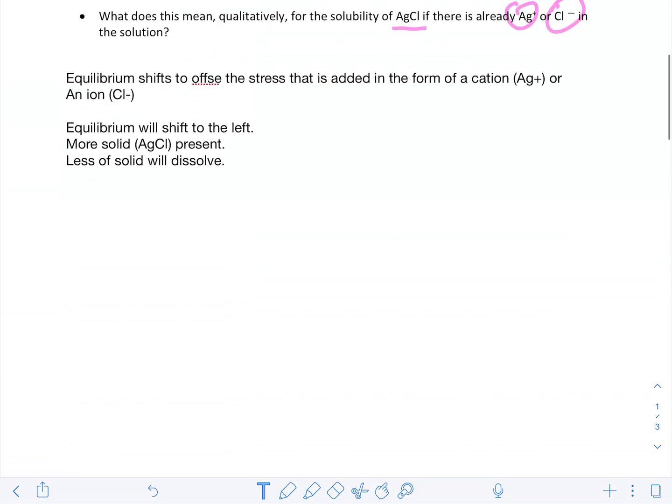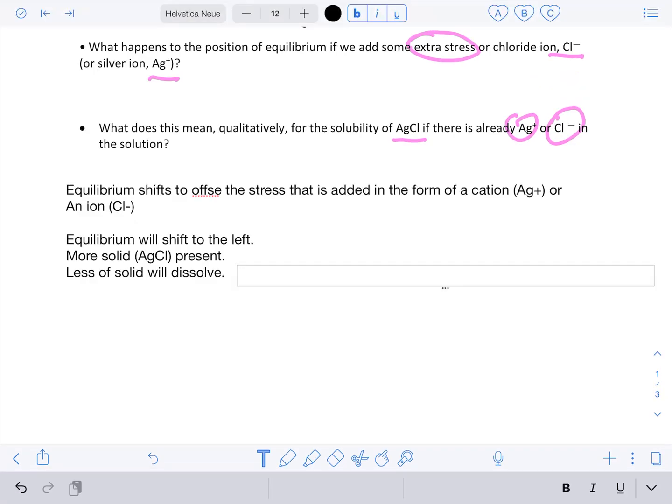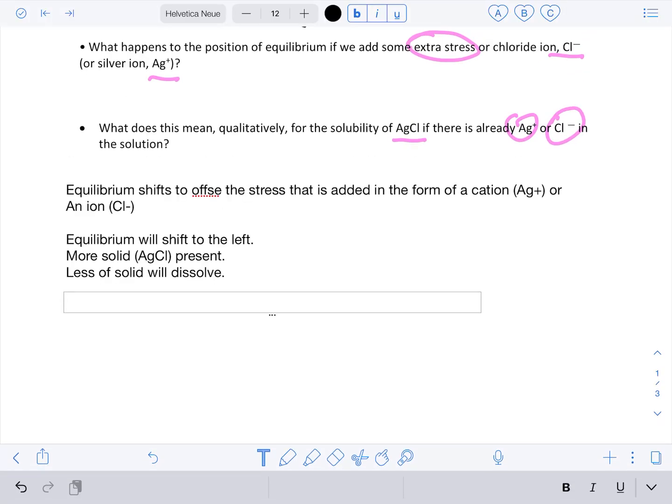Okay, so the question is, what does this mean qualitatively? If less of the solid dissolves, the solubility of each ion decreases.